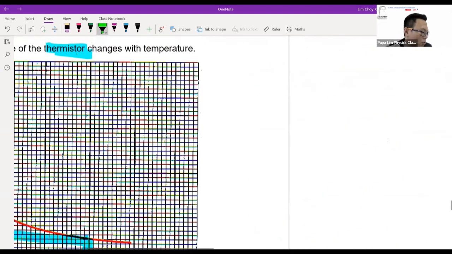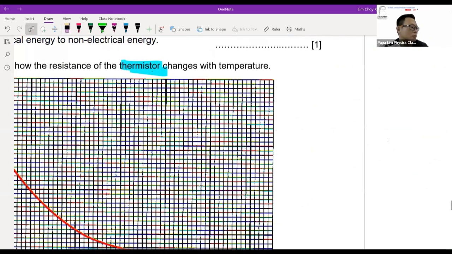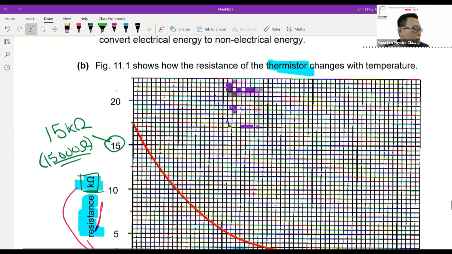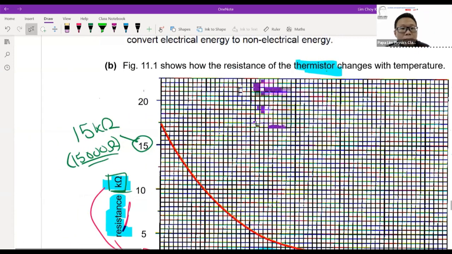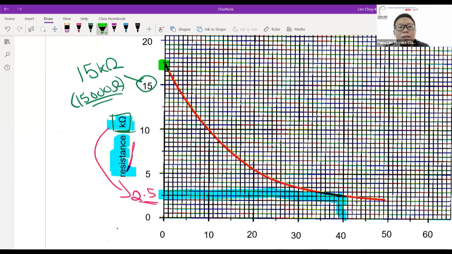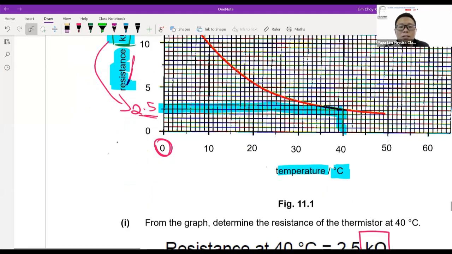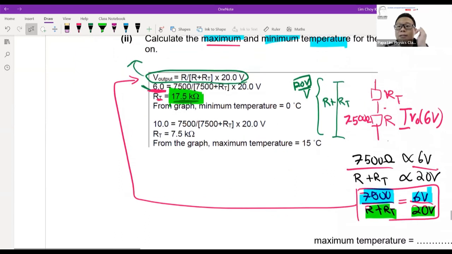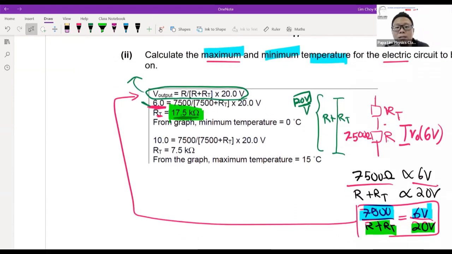So once I identify the resistance, I look at the graph itself. 17.5 will be somewhere here. This is 17.5 kilo ohms, and it corresponds to 0 degrees Celsius. So this is the first temperature I'm looking at, whereby the output is operating at 6 volts. The thermistor temperature is 0 degrees Celsius.